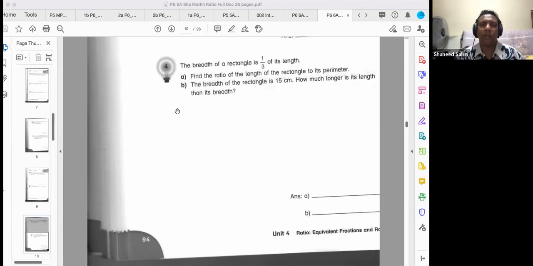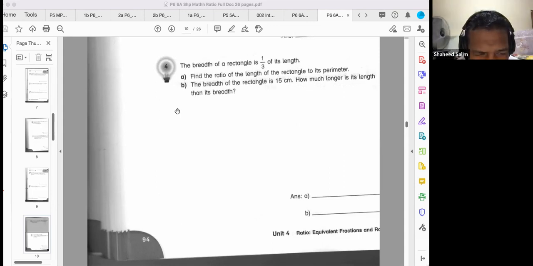The length of a rectangle is twice its breadth. Alrighty, something is wrong. I suggest you draw a rectangle. Okay, the length of the rectangle is twice its breadth. The area of the rectangle is 162 square cm.